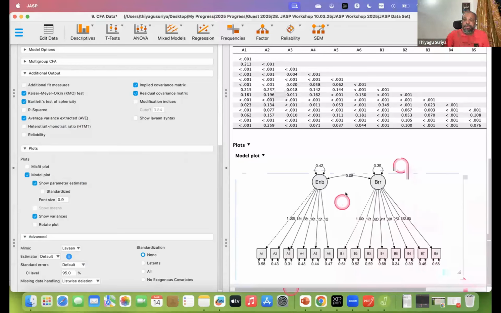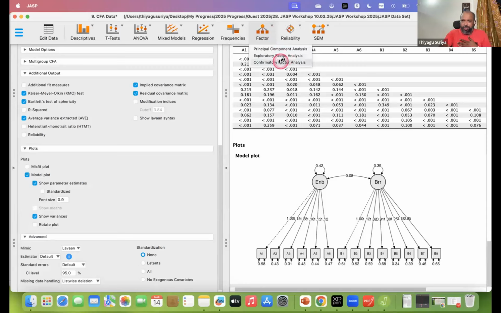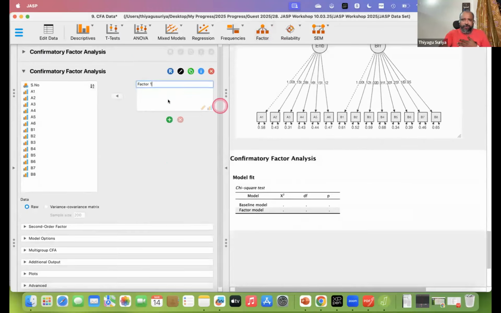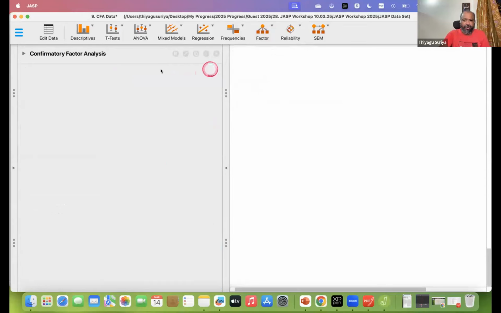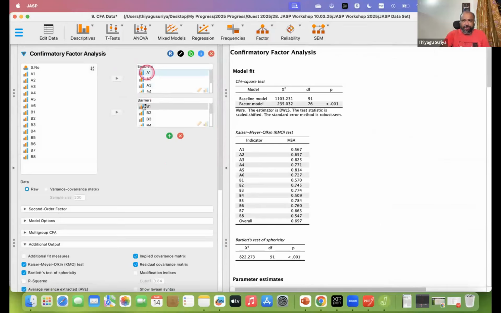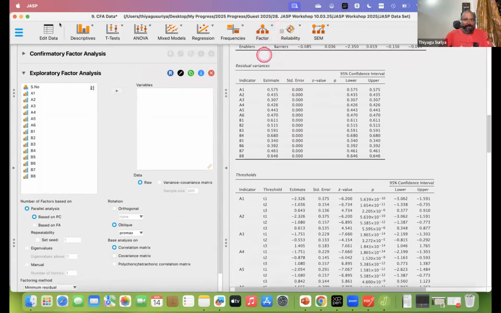This was for the confirmatory. Suppose I want to run exploratory analysis using the same data, and I don't know the theoretical model. In confirmatory, you know you have two tables, factor 1 and factor 2. We created two, enablers and barriers, and put them separately in that model. But here I go to the exploratory factor analysis.